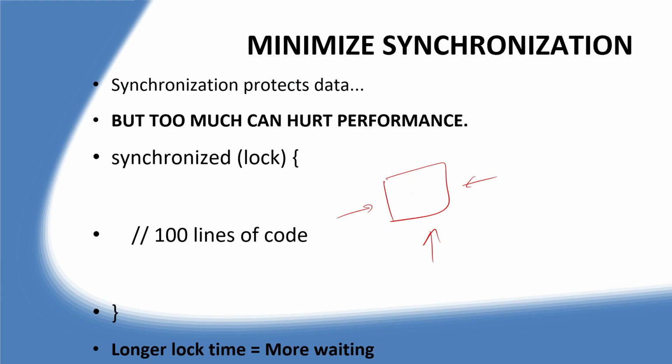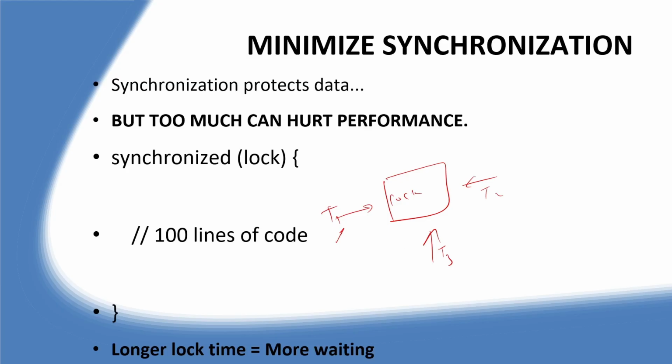If we synchronize far more code than necessary, we reduce concurrency. Imagine holding a lock while performing a large amount of unrelated work. Let's say one thread is holding the lock and doing multiple unrelated work; in that case other threads need to wait for that period of time, correct?